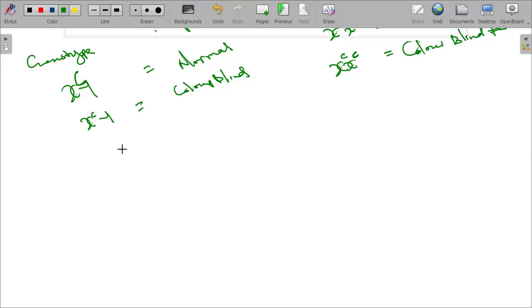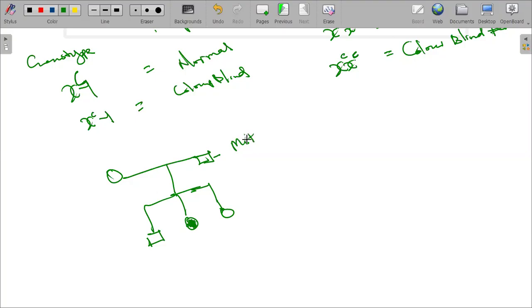You are supposed to understand that whenever you are given a mother and father who look normal, not shaded, and they give birth to children, one of whom is affected, it will mean that the mother is a carrier. The mother is a carrier.